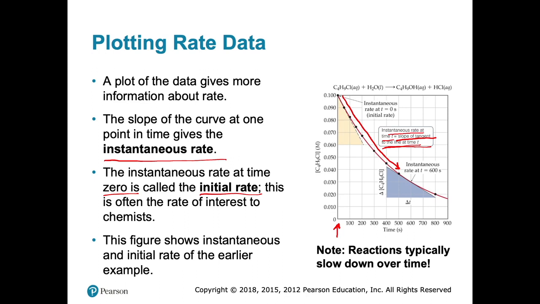Here is the rate, here's zero, and here's the concentration of the reactants at time zero. We want the initial rate right at that point where I'm putting the arrow. Based on the statement I just underlined, we do that by taking the slope of the tangent to the data point at time zero and concentration 0.1.